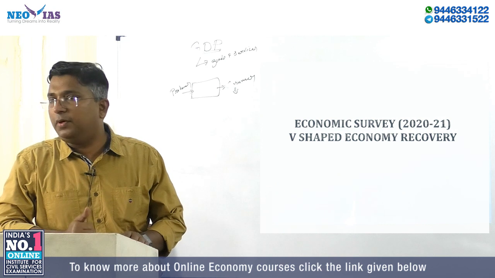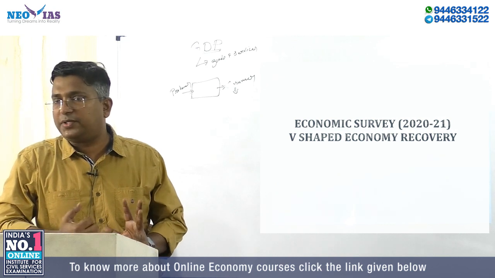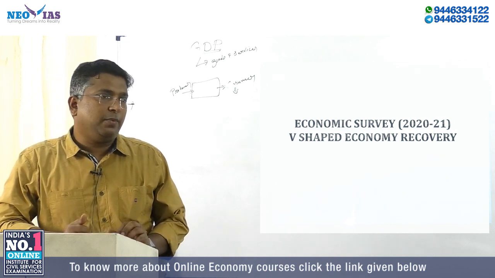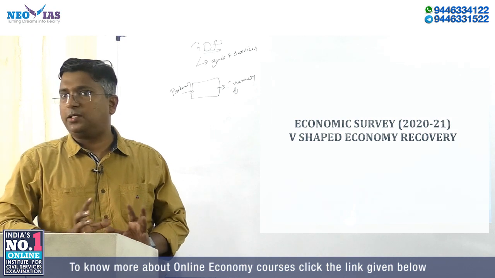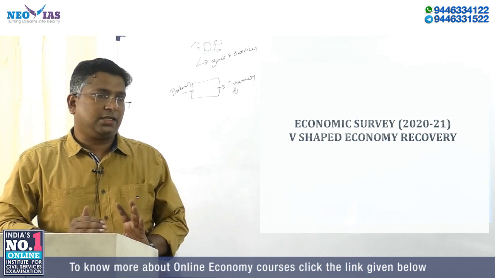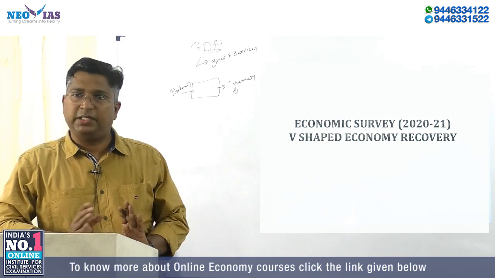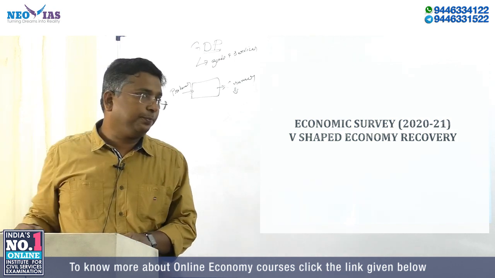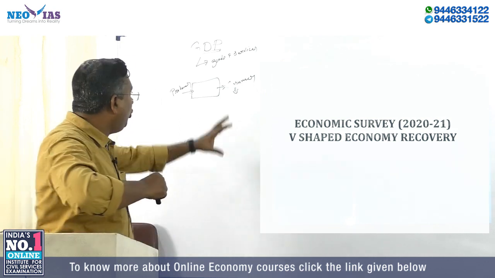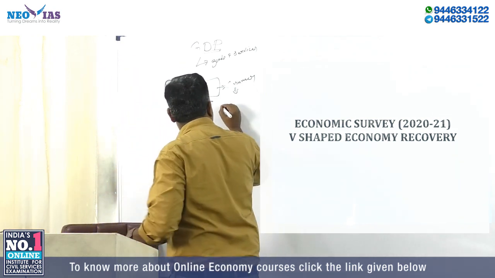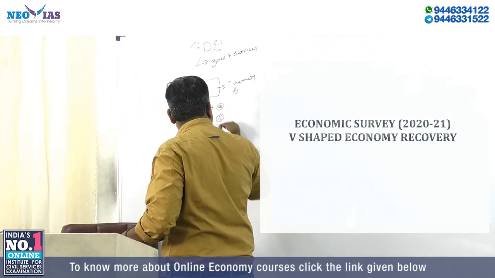We have an exclusive organization, the National Statistical Organization, which comes under the Ministry of Statistics and Program Implementation. Their role is to calculate these data. So there are 4 prominent groups.